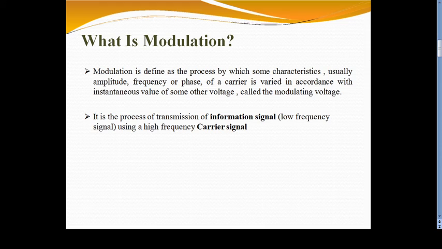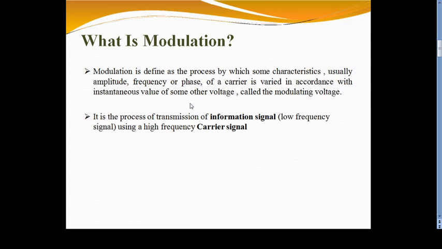First, let us see what is meant by modulation. Modulation is defined as the process by which some characteristic, usually amplitude, frequency, or phase of a carrier, is varied in accordance with the instantaneous value of another voltage, called the modulating voltage.